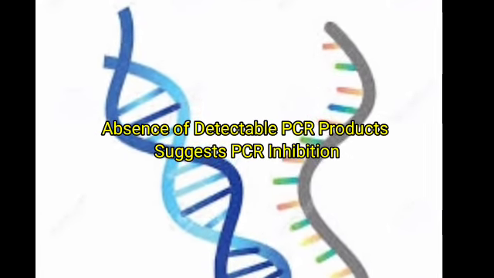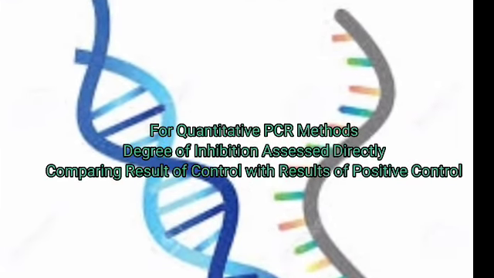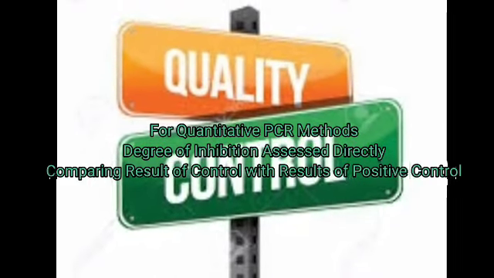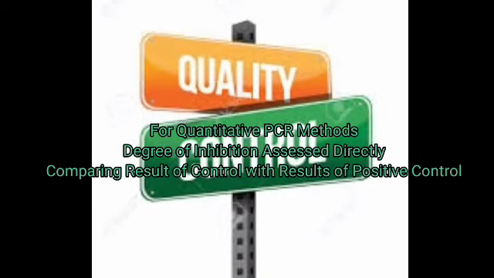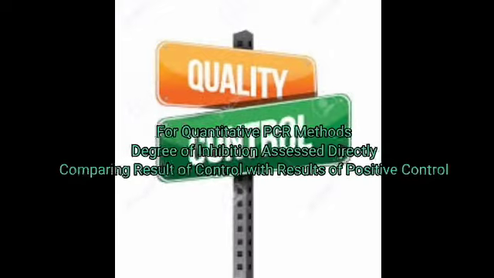signals PCR inhibition. For quantitative PCR methods, different degrees of inhibition can be assessed directly by comparing the results from the control with the result from the PCR positive control.